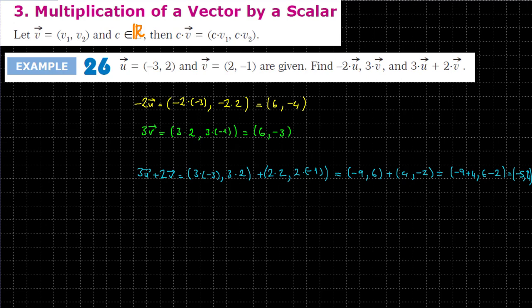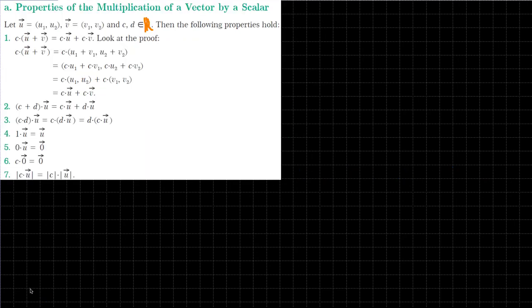Okay, we are going to deal with the properties of multiplication. I'm going to simply explain what these are, and I'm not going to write lots of things here. Firstly, the scalar c can be distributed over addition. This is a kind of distribution property.